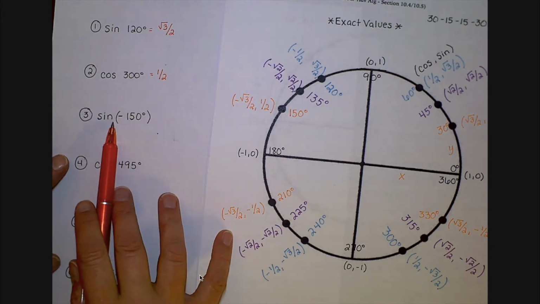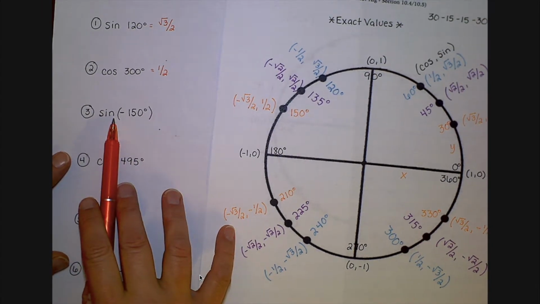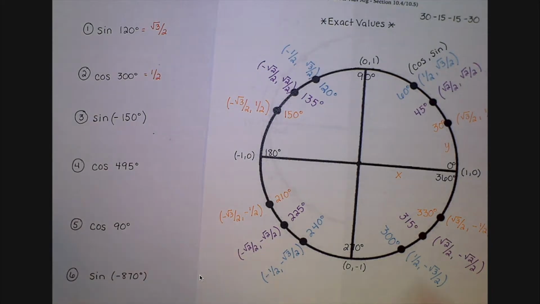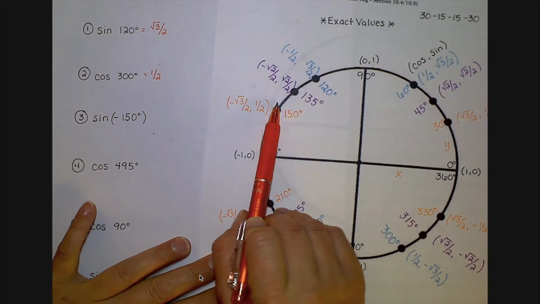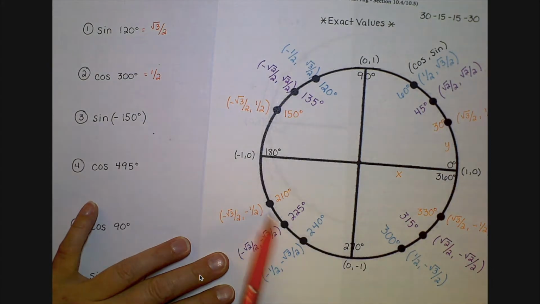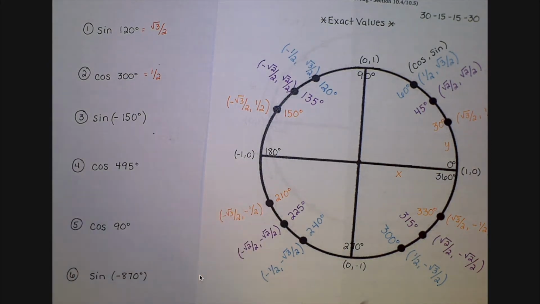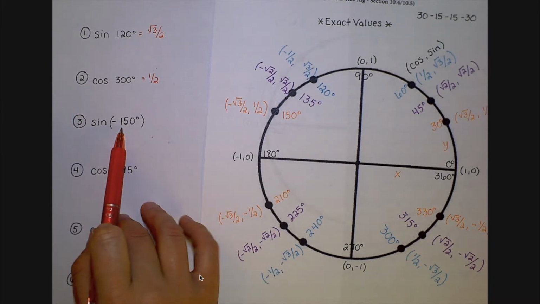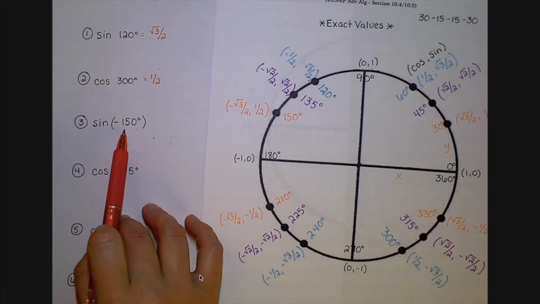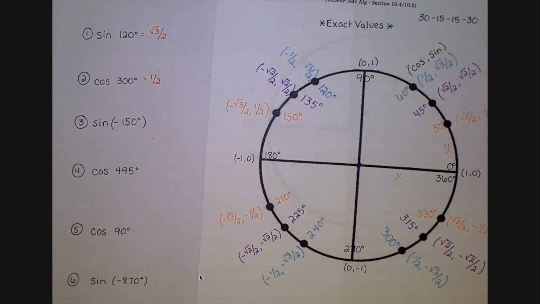All right, so let's talk about negative 150 degrees. Those of you who are visual may be able to think about what 150 degrees looks like going this way and just go that same distance going this way. I'm not always that good at that, to be entirely honest, but if that works for you, that's totally fine. Remember we said that you can take any angle and add 360 degrees to it, and you're going to land in that exact same spot on the circle.